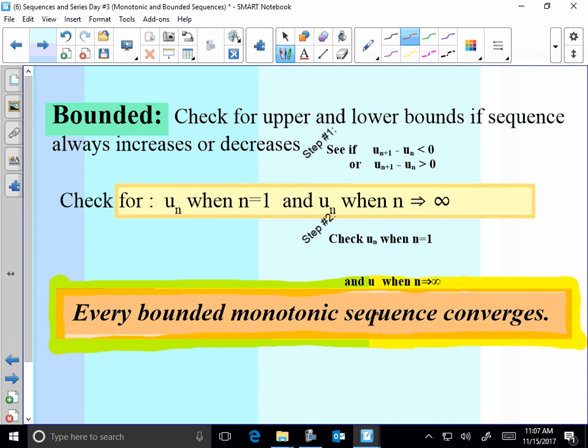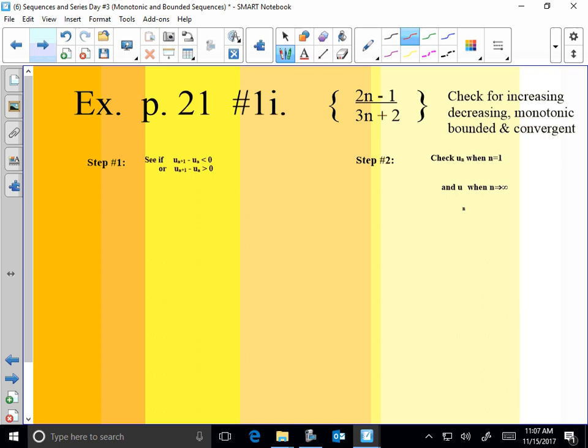So let's take an example and look at it. Here's my sequence: 2n minus 1 over 3n plus 2. First, I want to see, is it increasing or decreasing? So I'm going to take u of n plus 1 and subtract u of n. Now, how would I write that?